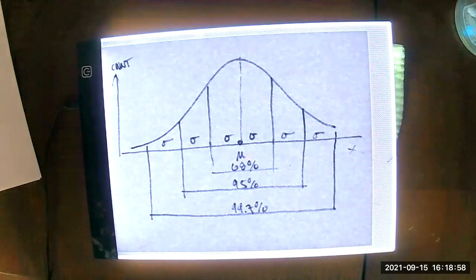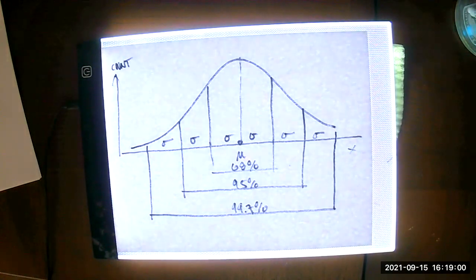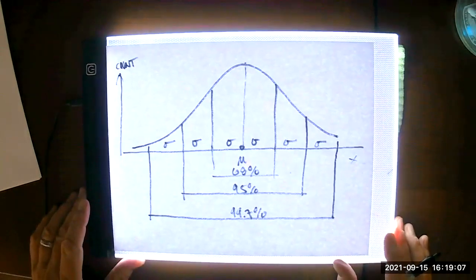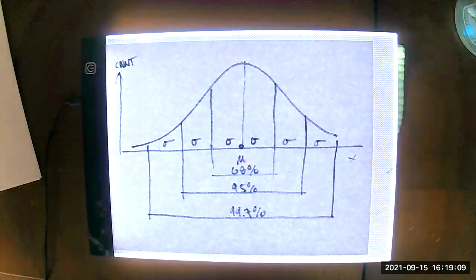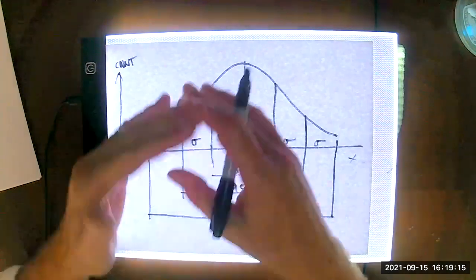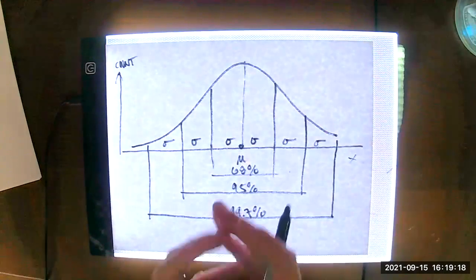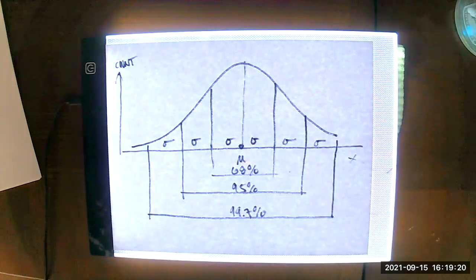So plus or minus 3 standard deviations gathers up 99.7% of all data values in any given normal distribution. This is a property of normal distributions, not what kind of thing is being measured. If the data being measured falls within this pattern, it follows this rule.